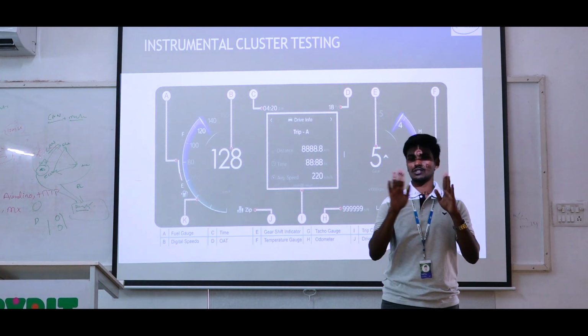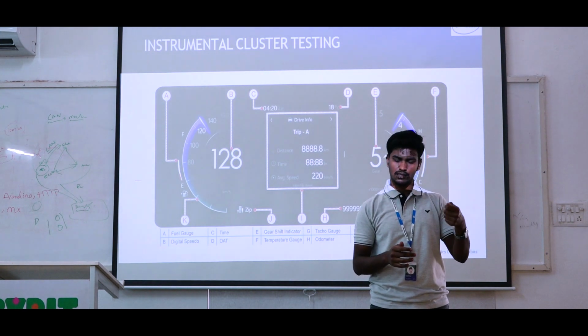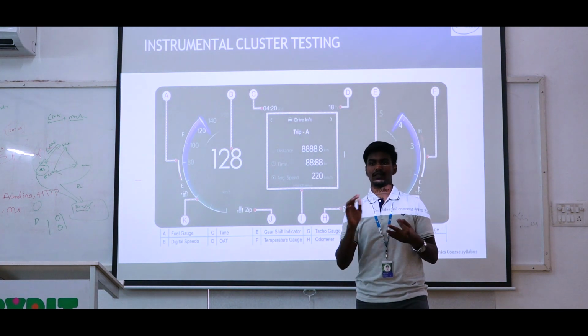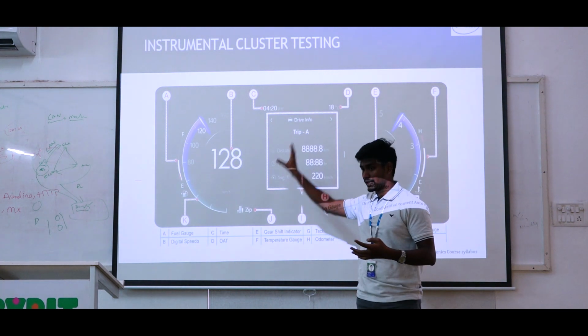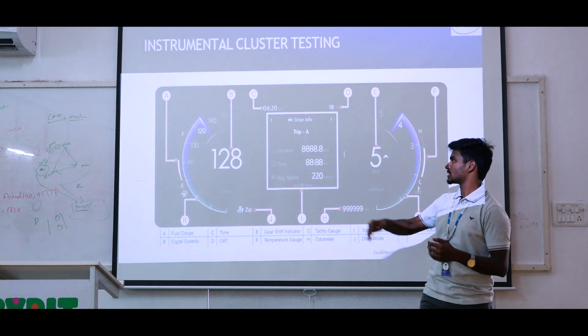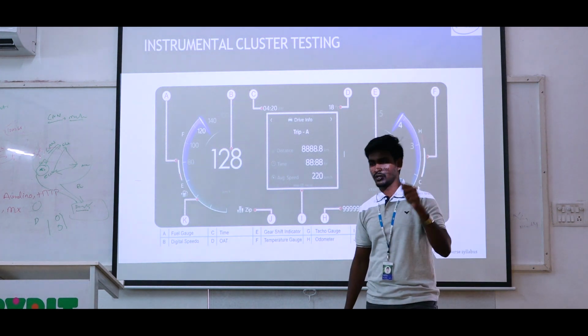It will not generate any messages, values or data. It just gives warnings, some lamps, some beep sounds and more indications, like left indication and right indication. Different kinds of indications we get from the instrument cluster.